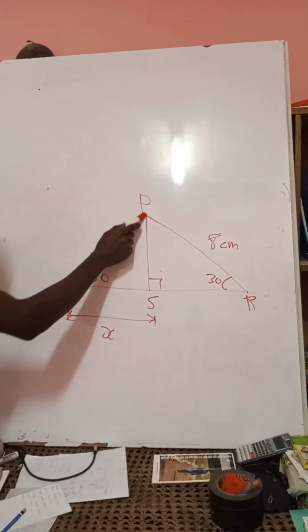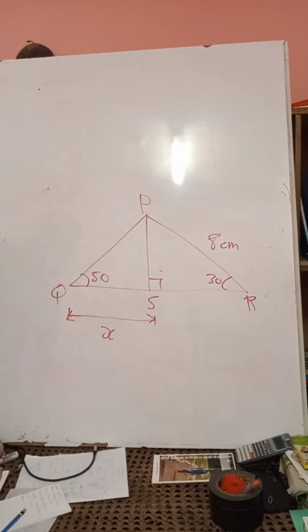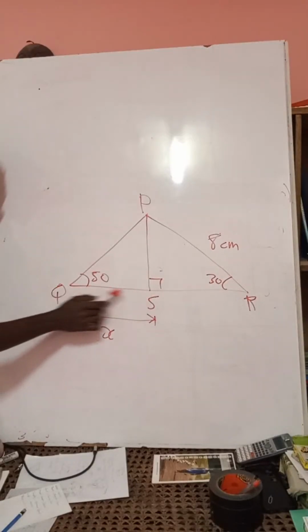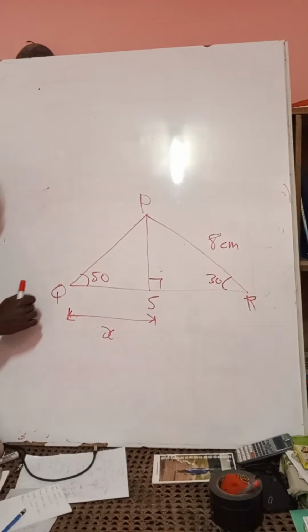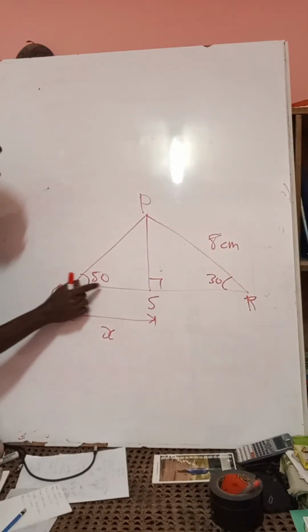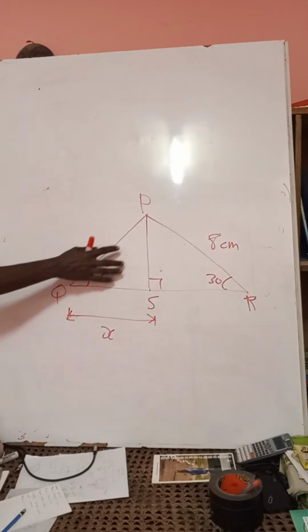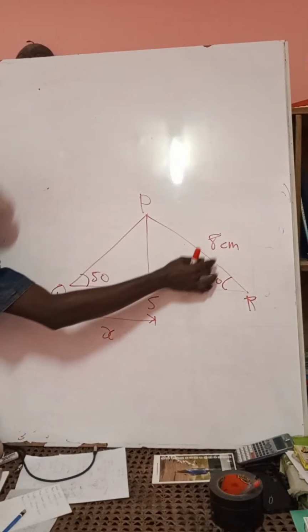They have the same sides. Do you understand? But we don't have enough data to find this triangle, so you have to use this triangle.